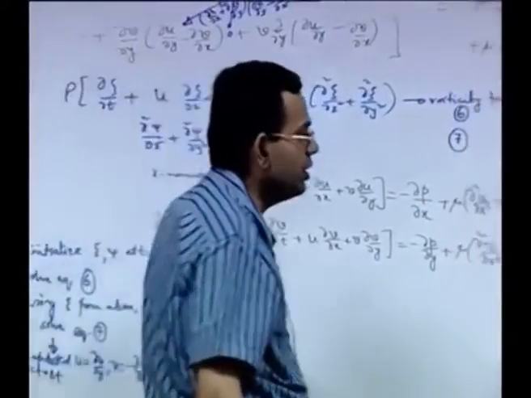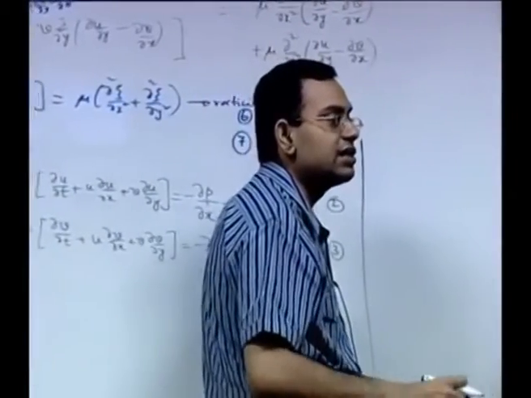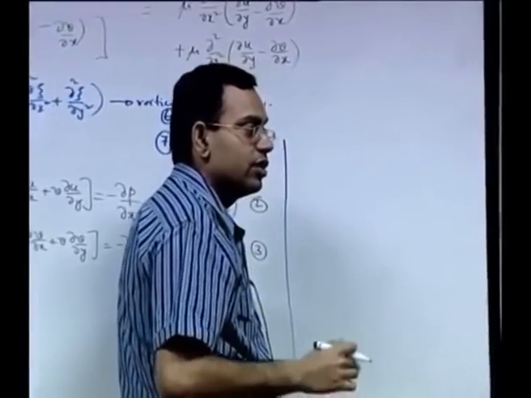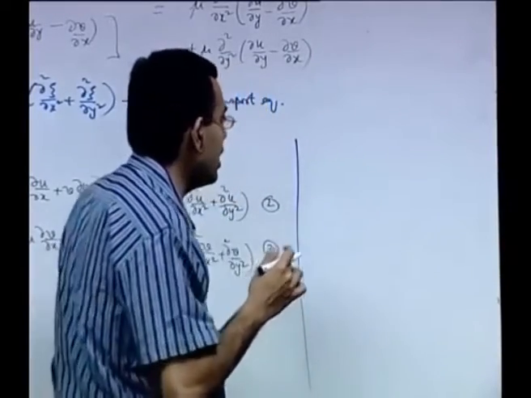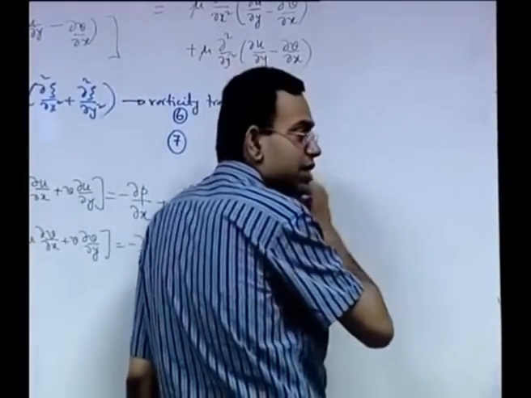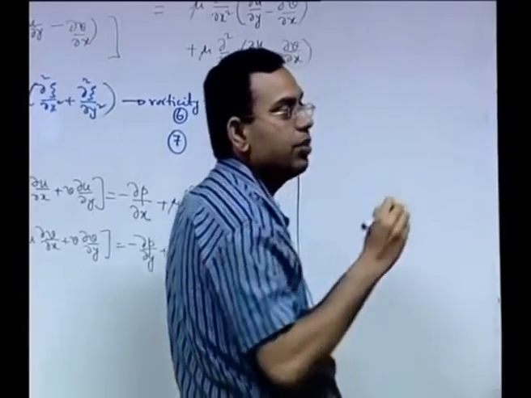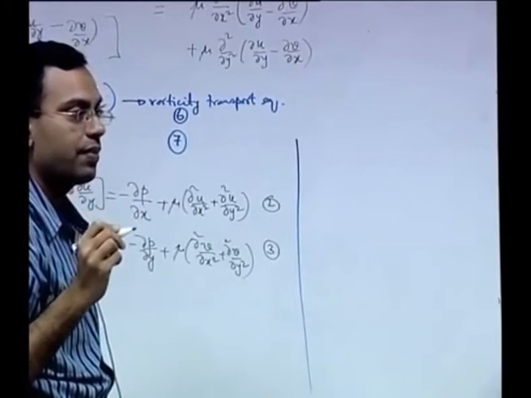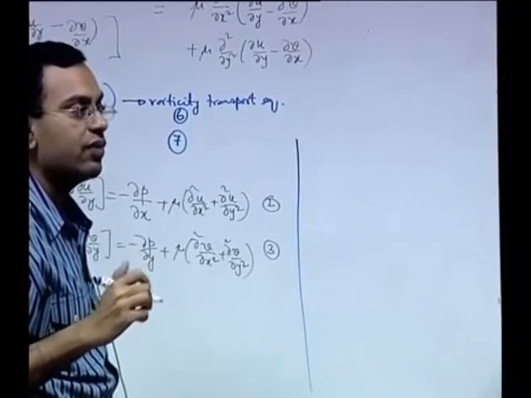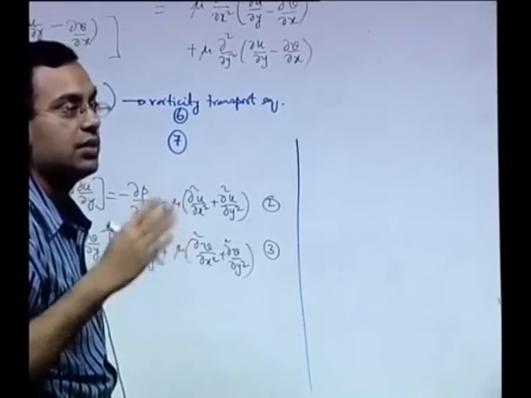We can give boundary condition on stream function by noting that the solid boundary is like a streamline. If you recall, what are streamlines? Streamlines are lines such that the velocity vector is always tangent to it at any point. That means you do not have any flow normal to the streamline.